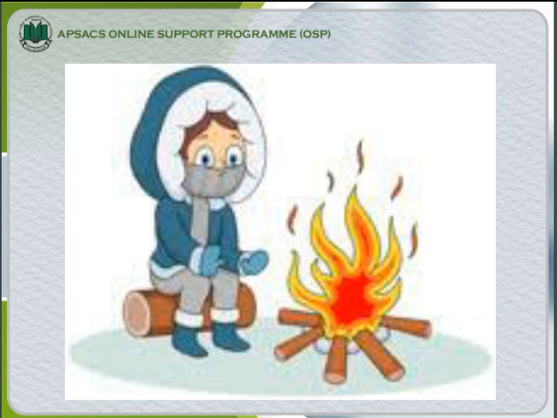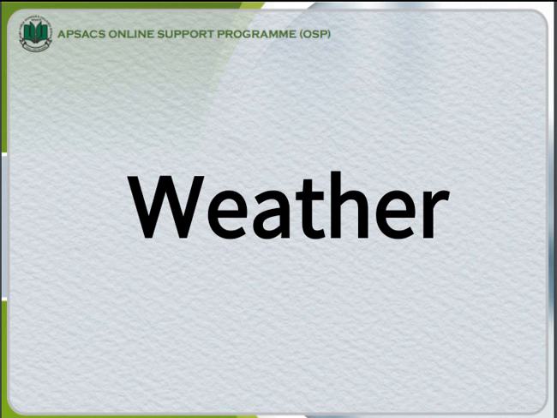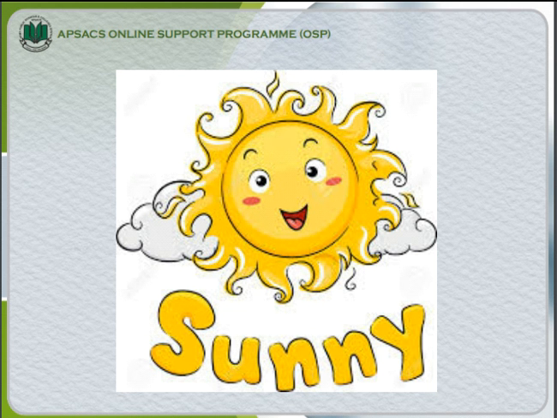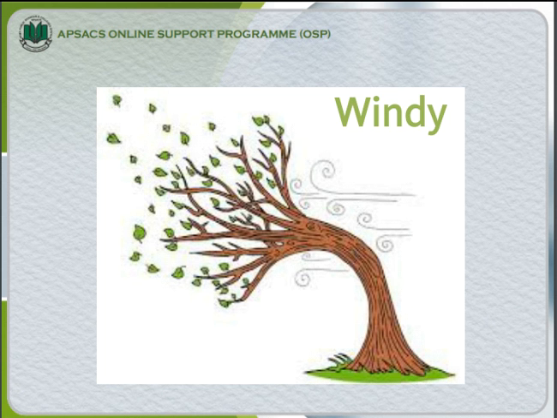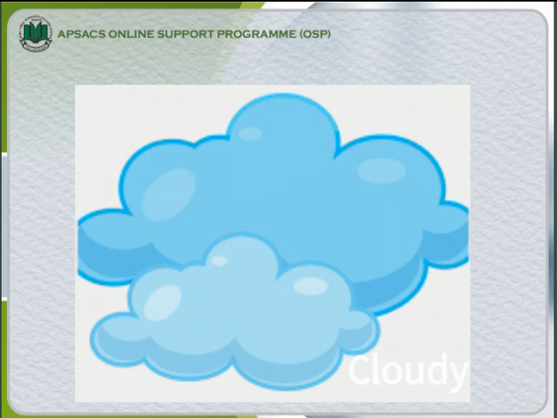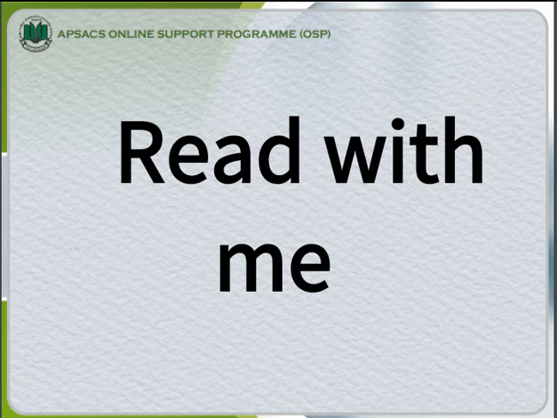So we sit near the bonfire. Now we will see some of our weathers. Sometimes it is sunny, and sometimes it is raining, sometimes it is windy, and sometimes it is very cloudy.